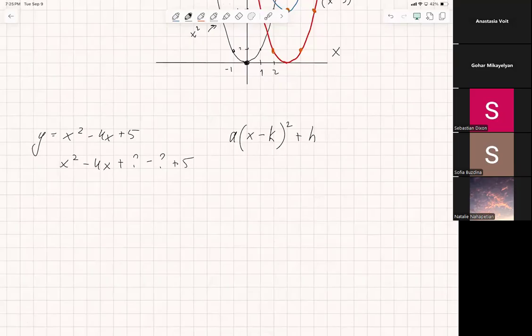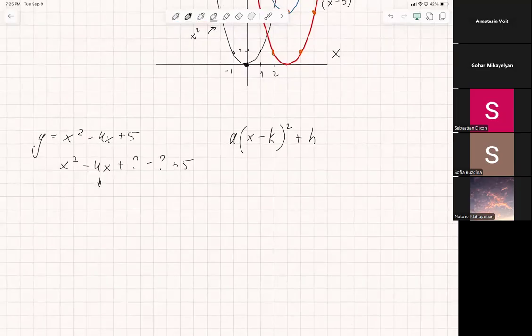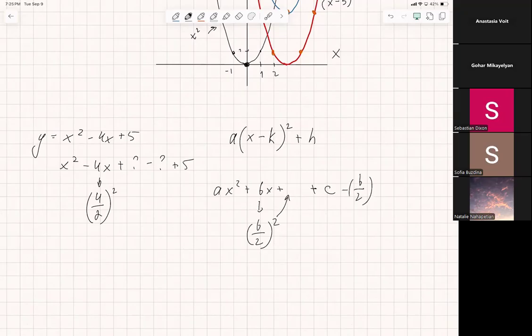Okay, so what should that something be? Remember by the formula, it's 4 over 2 squared, right? So whatever your value is, for ax squared plus bx plus c, that would be b over 2 squared. That was the formula for completing the square, right? So you put that in between, right here, and minus the same thing, b over 2 squared.